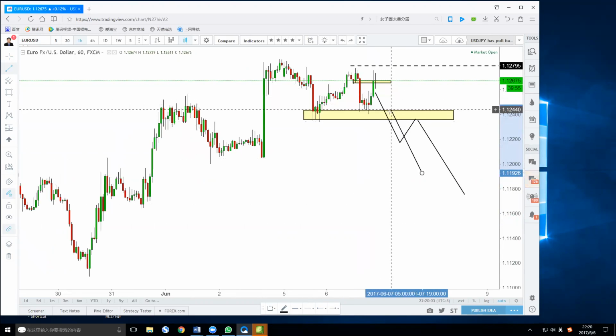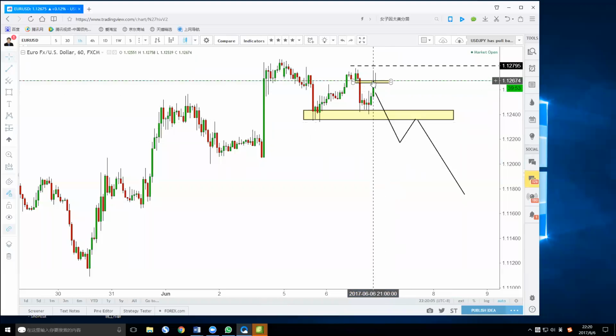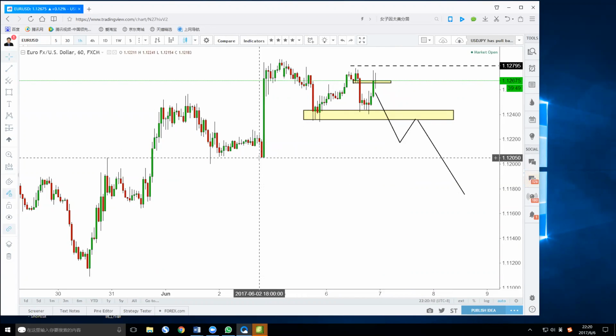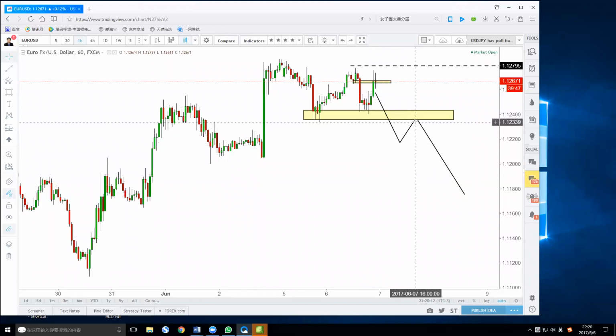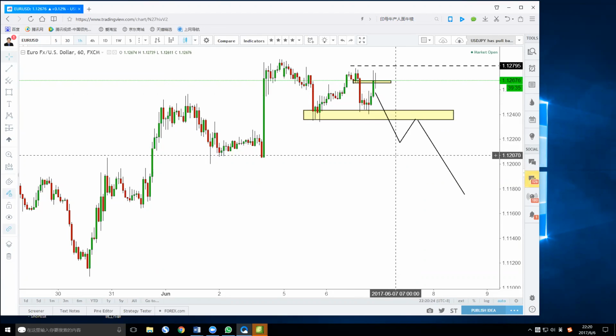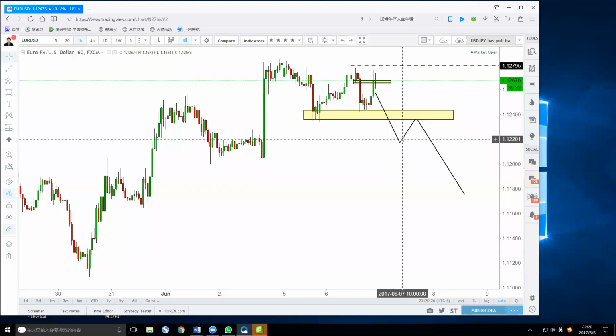But you have to wait. Sometimes the drop will be very huge, and it's hard for you to find a pullback. That's the downside of this trade. If you enter now, it's a little bit risky, but you have a good price level. If you wait for the breakdown, you may lose a good entry point.